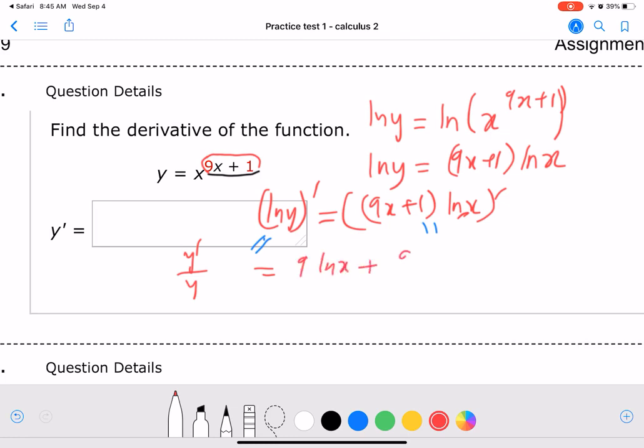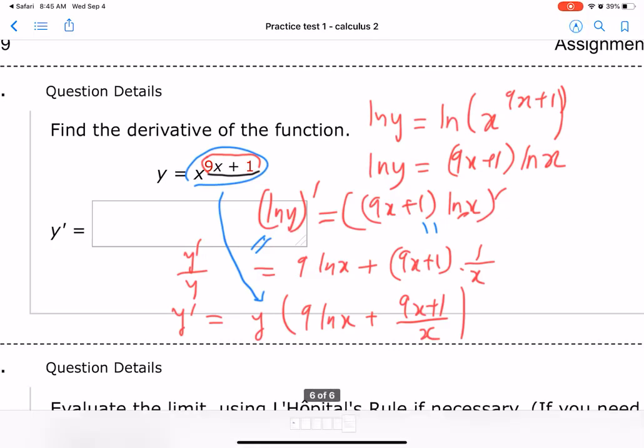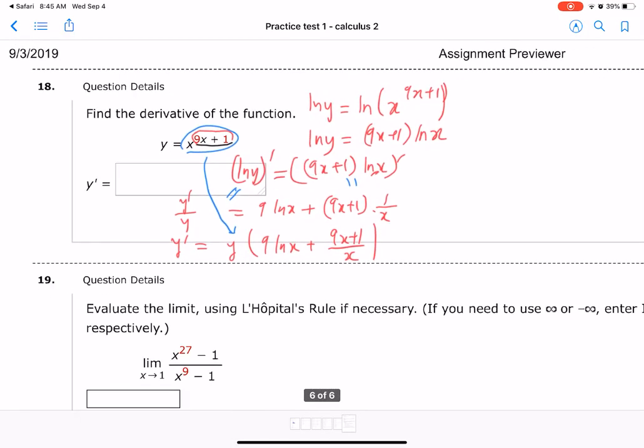The second one is 9x plus 1 times the derivative of ln of x, which is just 1 over x. And then I get y prime equal to y multiplied by 9 ln of x plus (9x plus 1) over x. And of course you just plug y in here, so you get the final answer. That is another application of log functions.